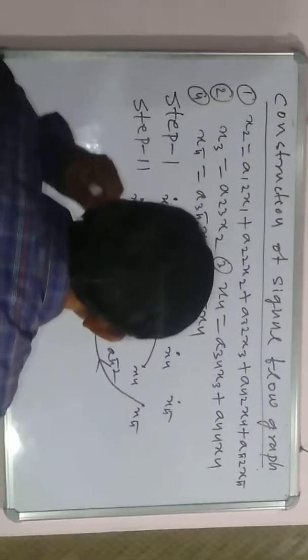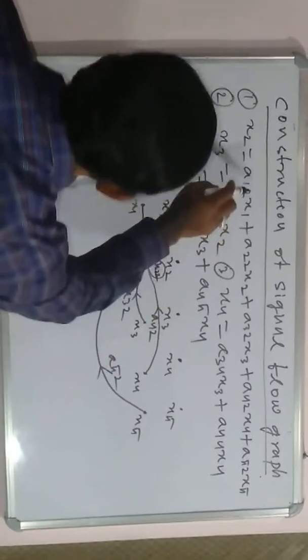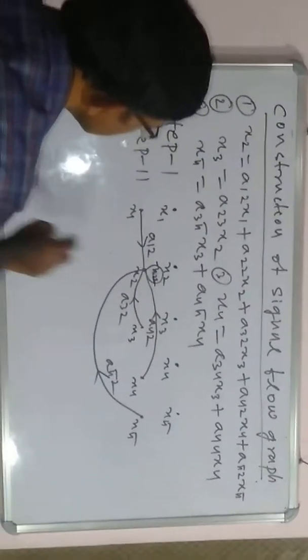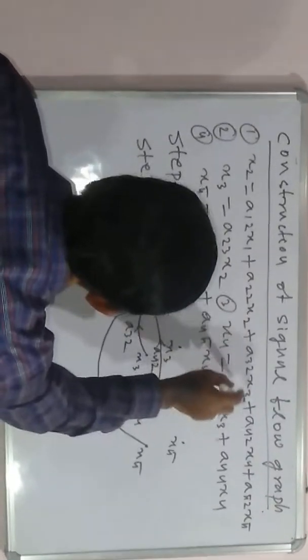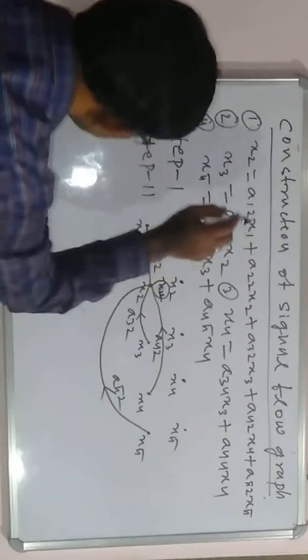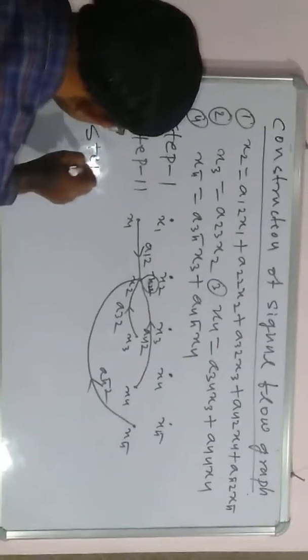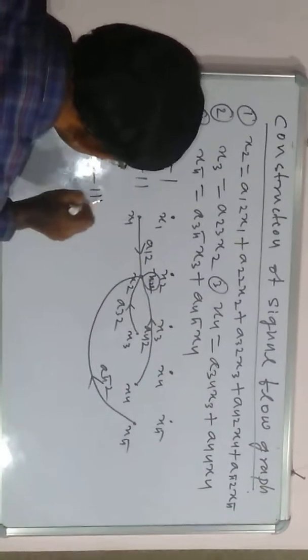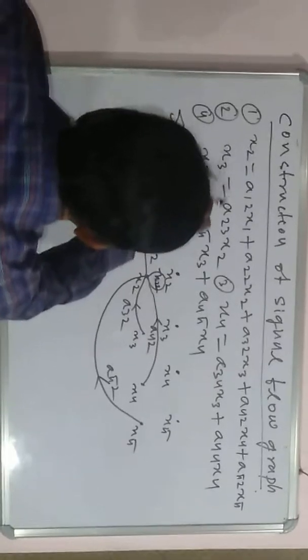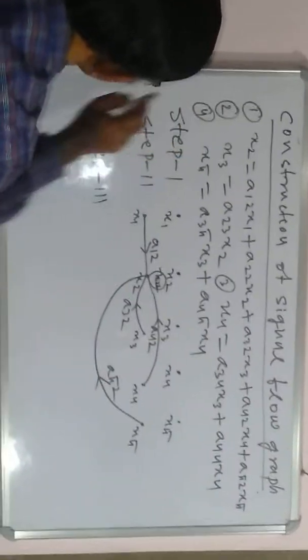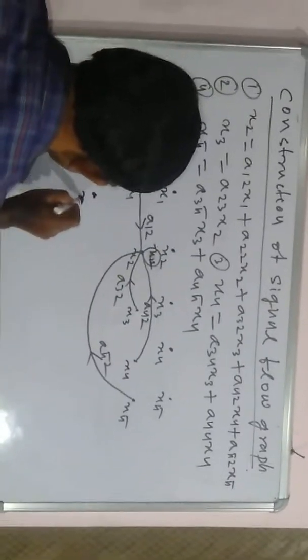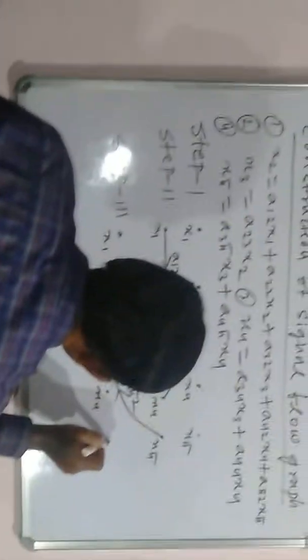So this is the signal flow graph for the first algebraic equation. This satisfies the relationship between the different variables. Step 3: let us take equation number 2. So this is x1, x2, x3, x4, x5.